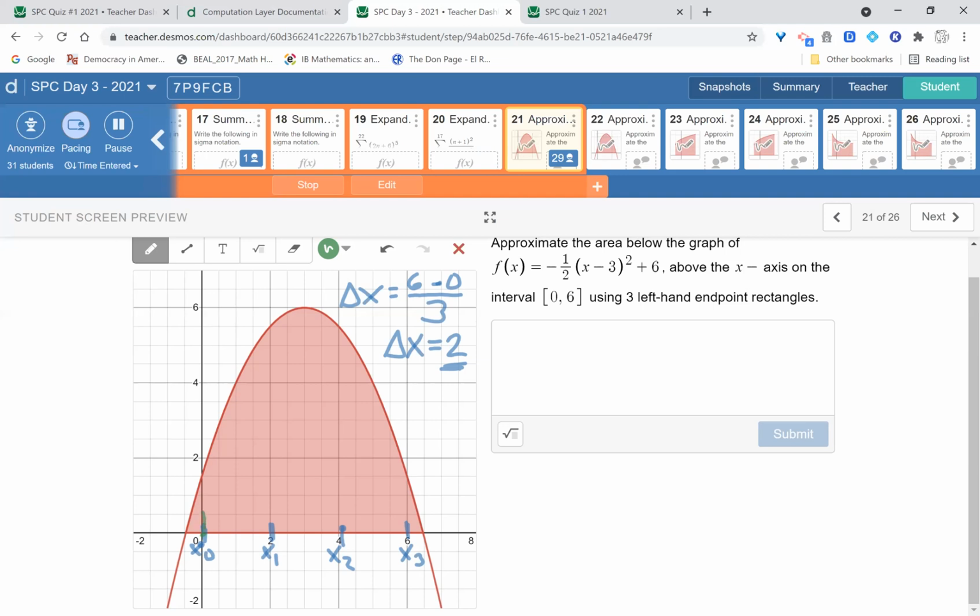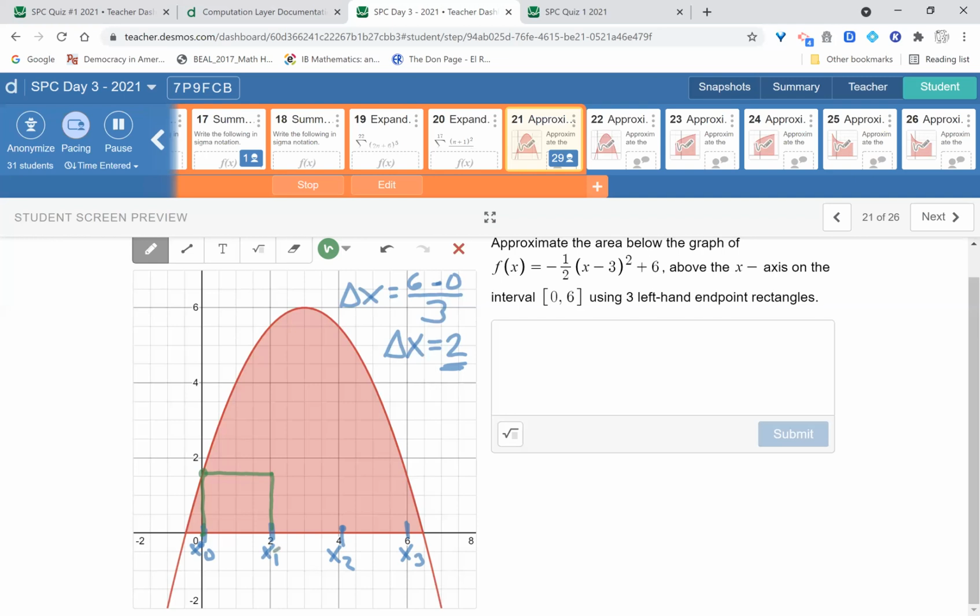I'm going to draw a line straight up from the x-axis until I hit the curve. Then I'm going to draw a horizontal line from that point over until I hit x sub 1, and then I'm going to complete the rectangle. That's my first rectangle. You guys know how to calculate the area of a rectangle, just base times height. We'll calculate that in a minute.